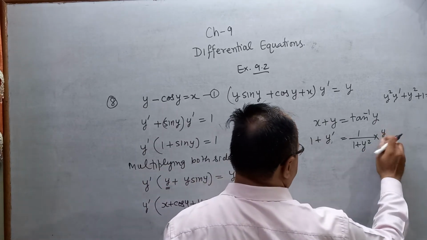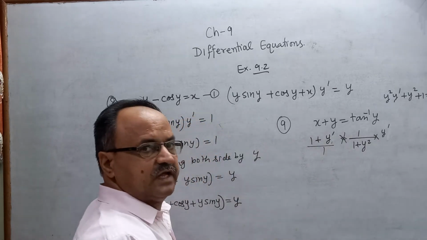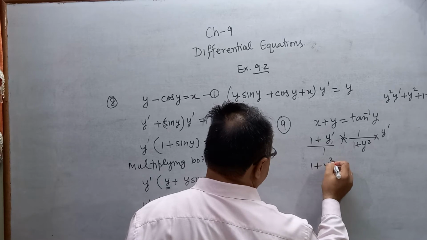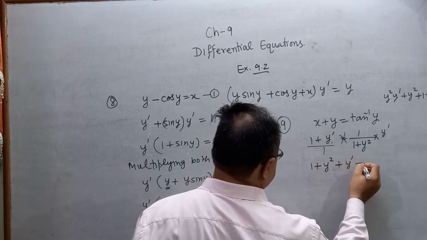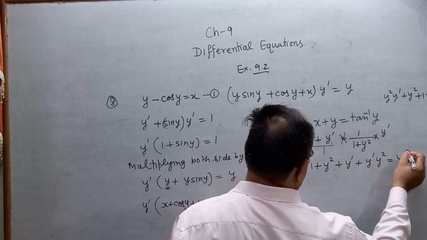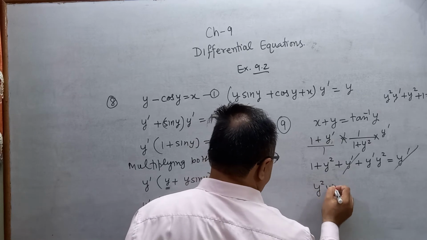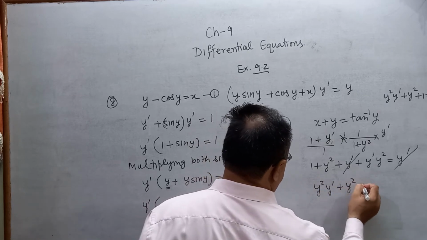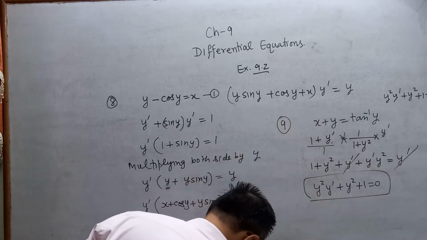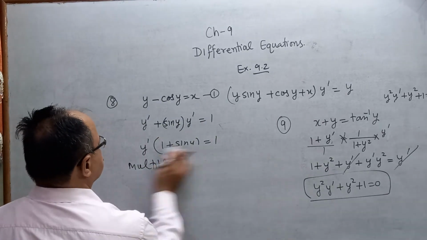Clear? Now cross multiply. 1 multiplied with this as it is, y dash plus y dash y square is equal to y dash. Y dash and y dash cancel. Therefore y square y dash plus y square plus 1 is equal to 0. Answer. Clear? This is the solution of question number 9.